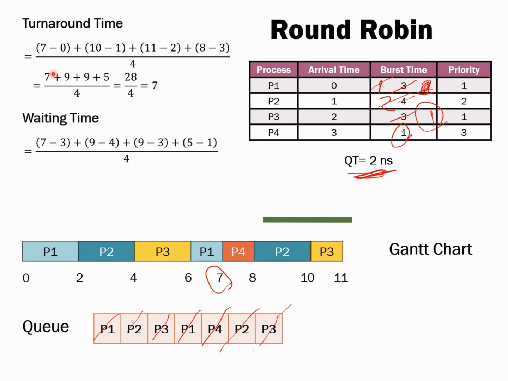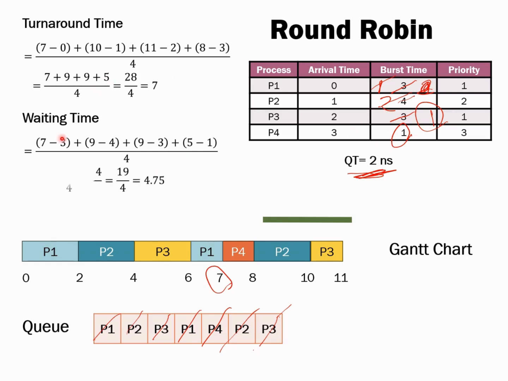For waiting time, we have the turnaround times for P1 7, P2 9, P3 9, and P4 5. We just need to subtract the burst time from them. So 7 minus burst time 3, 9 minus burst time 4, 9 minus burst time 3, and 5 minus burst time 1.